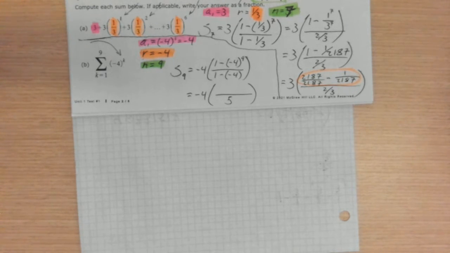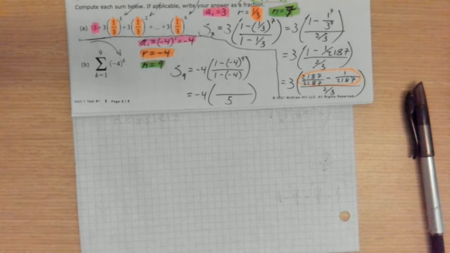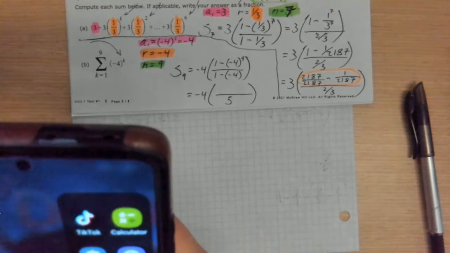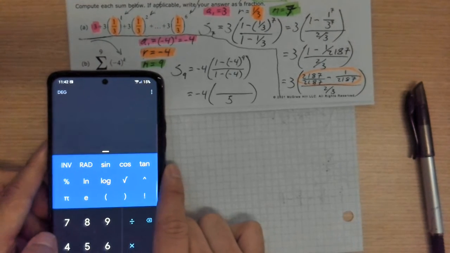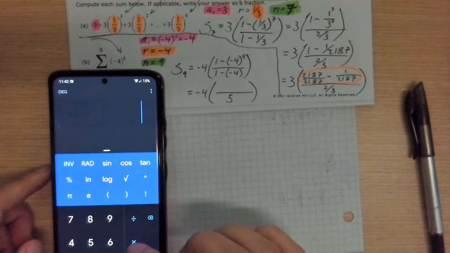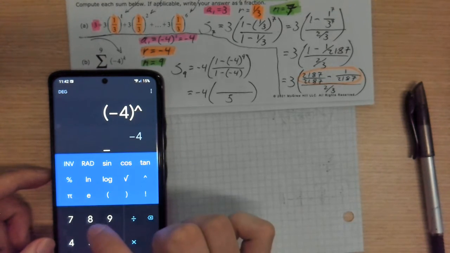Now on top, I have to put minus 4 raised to the 9th power into the calculator.